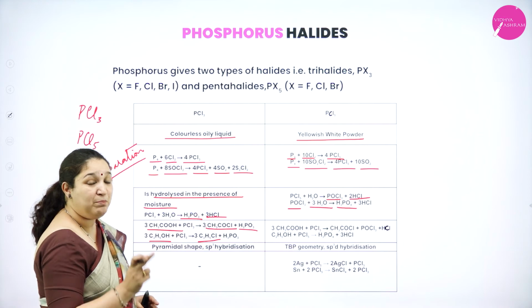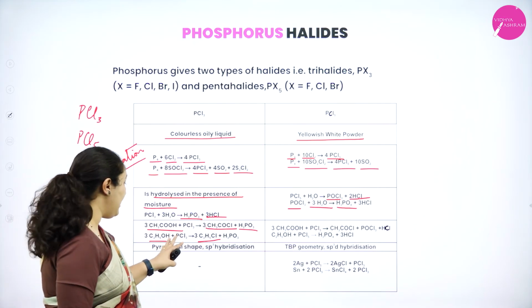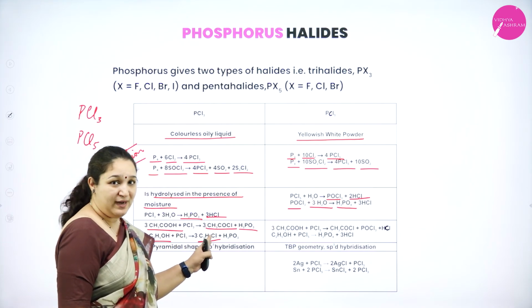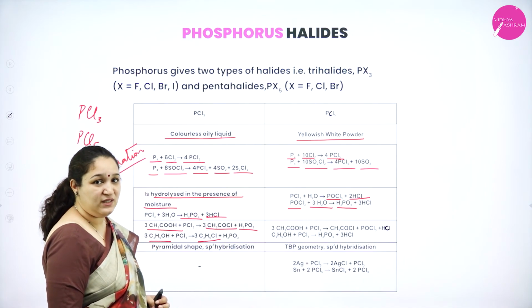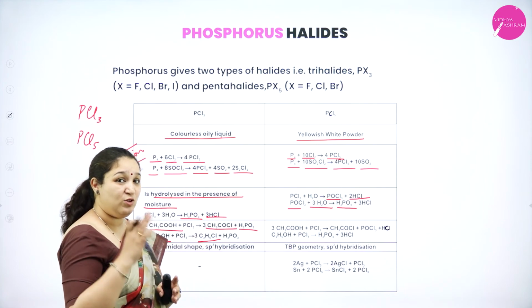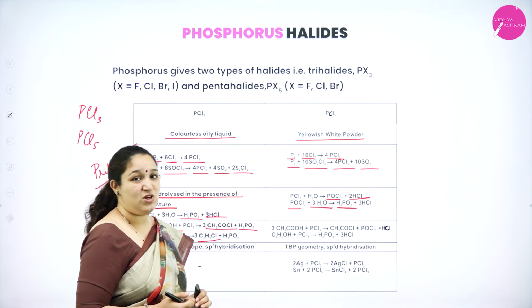Also we have studied in preparation of haloalkane the same reaction. Alcohol, when it is treated with PCl3, you will get a haloalkane and H3PO3 is produced, isn't it? See, there is a repetition of the equations. Okay, you studied in organic chemistry, but it is there in inorganic chemistry also.